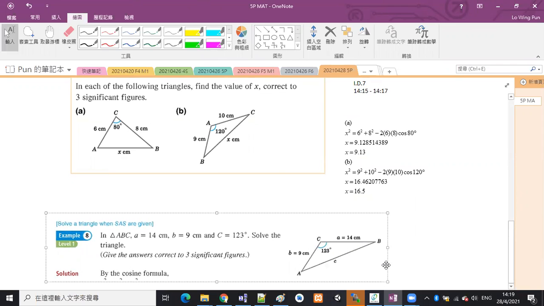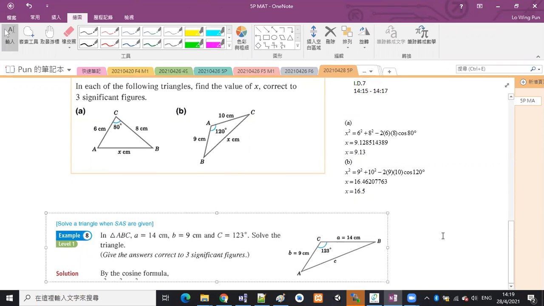In triangle ABC, a is 14 cm, b is 9 cm, and C is 123 degrees. Solve the triangle. Do you still remember what is the meaning of solving the triangle? It is to find all the remaining lengths and angles.